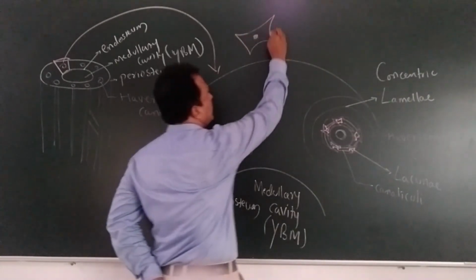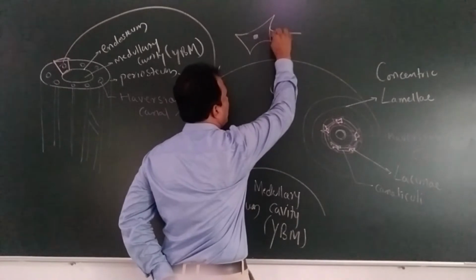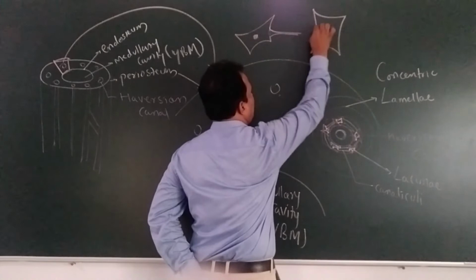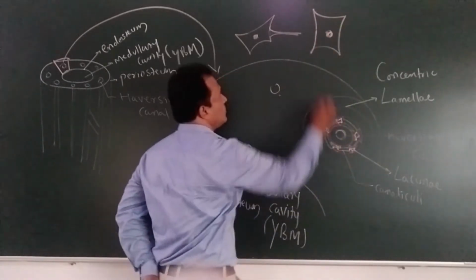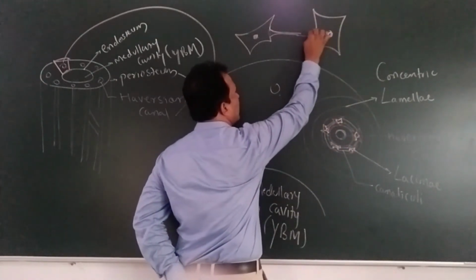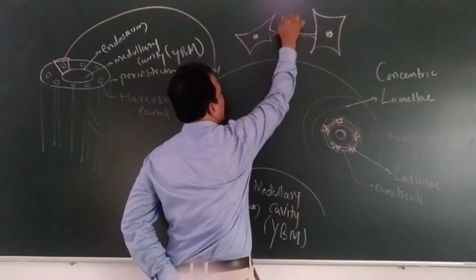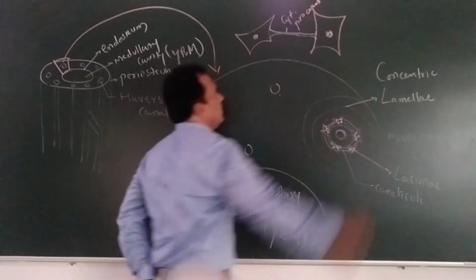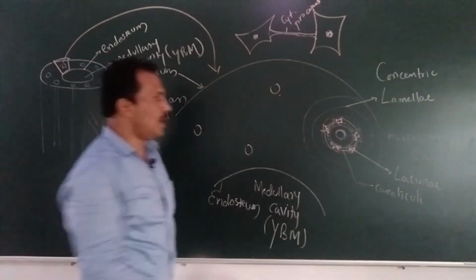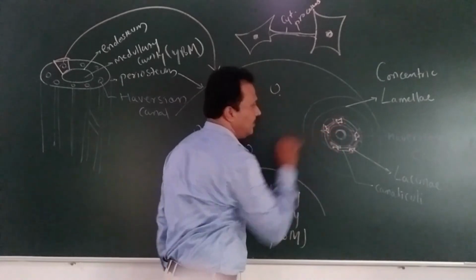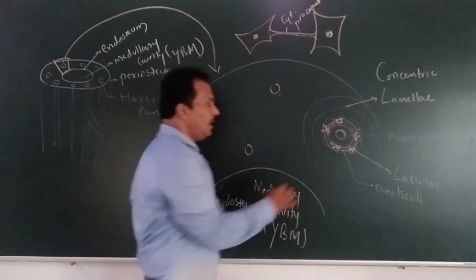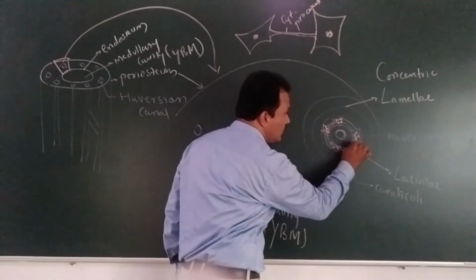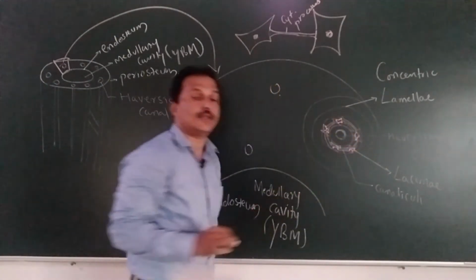This is the cytoplasmic process, and it passes through the canaliculi. In this way, all these osteocytes are connected with each other with cytoplasmic processes.